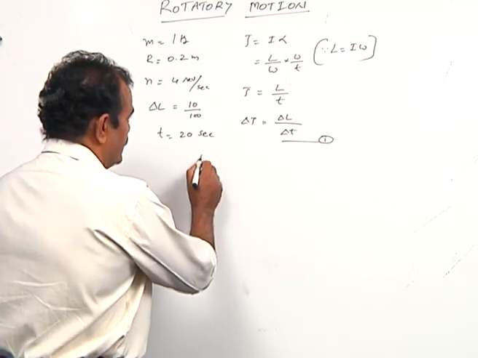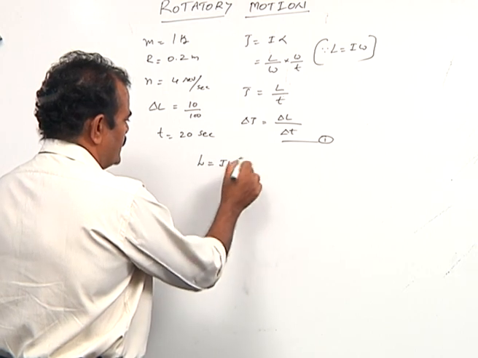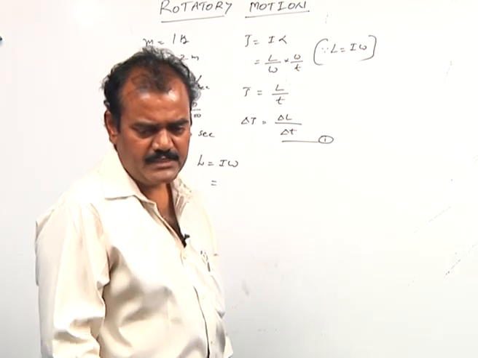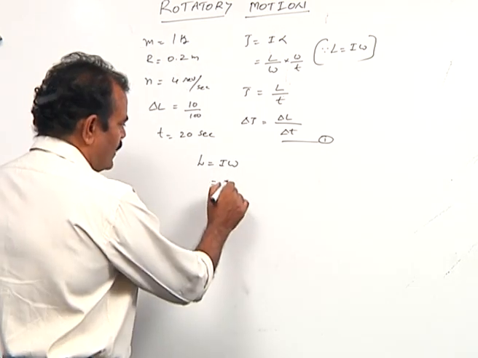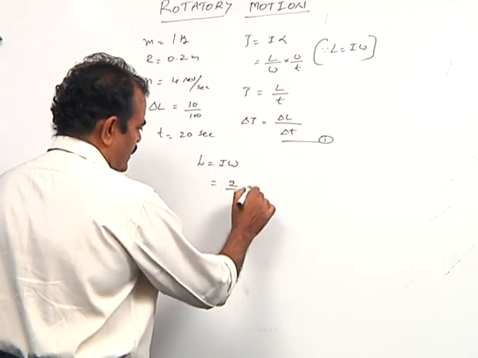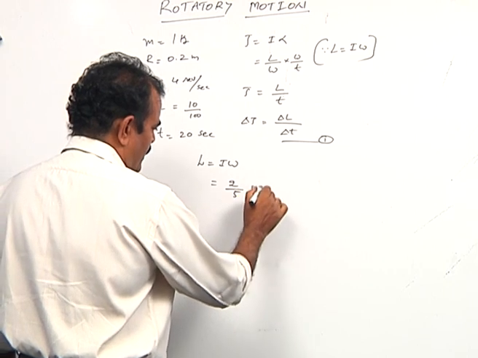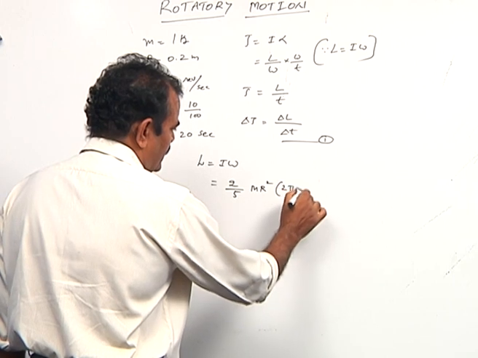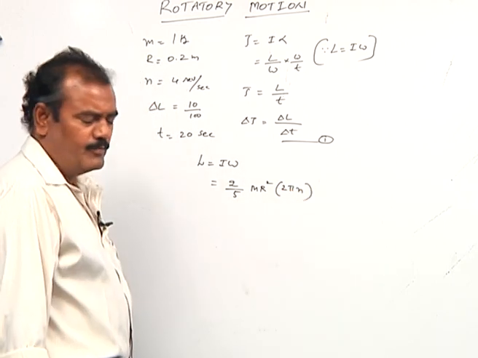L is equal to I omega, and for a solid sphere about its diametrical axis, I is 2 by 5 mr square. Omega is equal to 2 pi n, which is given.